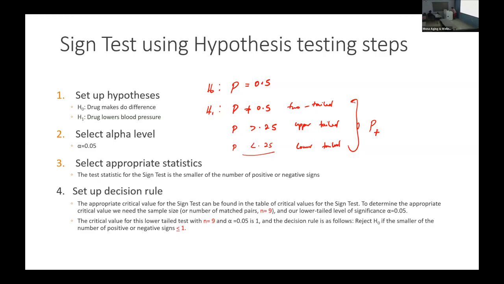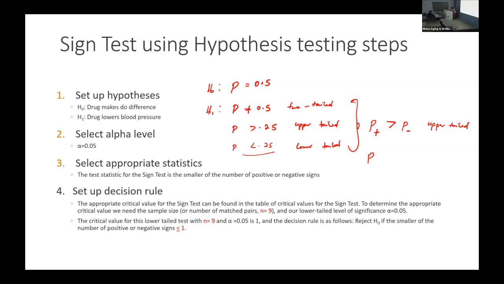So for upper tail, and you have to remember how you define whatever you're doing, P positive is greater than the probability of the negatives for your upper tail. As I said, this is not set in stone. It's based on your definition of your difference, so you have to be careful.